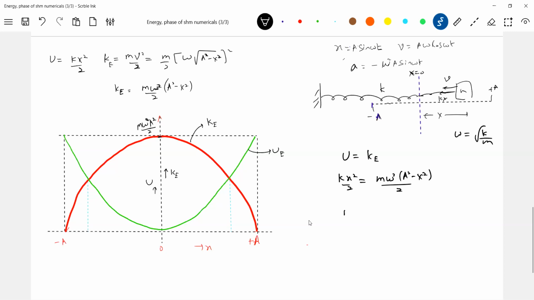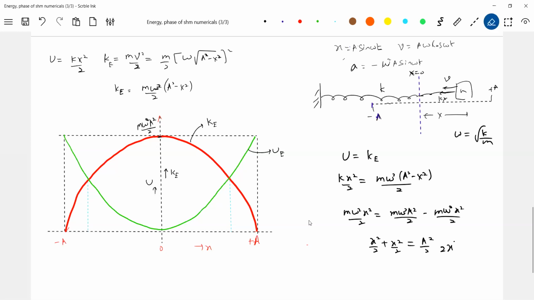So in place of k, what can I write? m omega square x square by 2 equals m omega square a square by 2 minus x square by 2. So m omega square gets eliminated. So x square by 2 plus x square by 2 equals a square by 2, or 2x square equals a square.